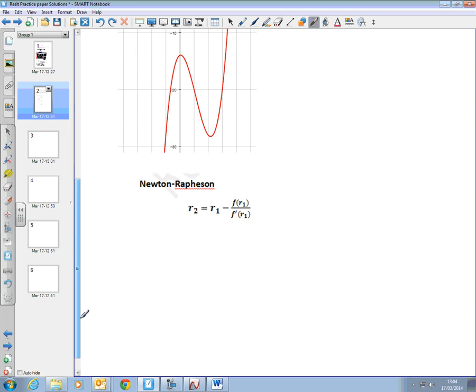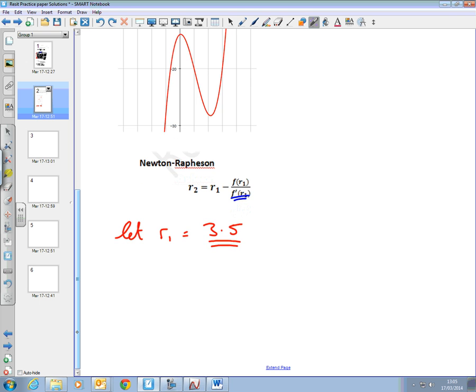So we're going to let R1 equal 3.5. So we come up with our first solution for R1. Now, we're going to need the derivative for this bit, the f prime bit. So we've got to take our function.